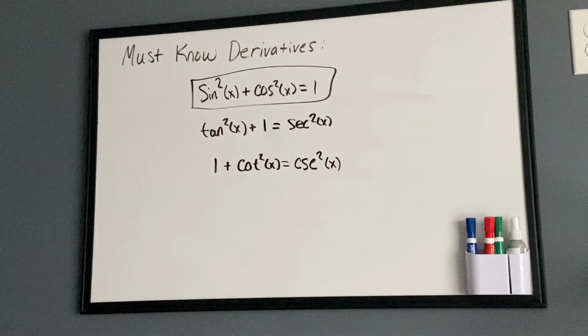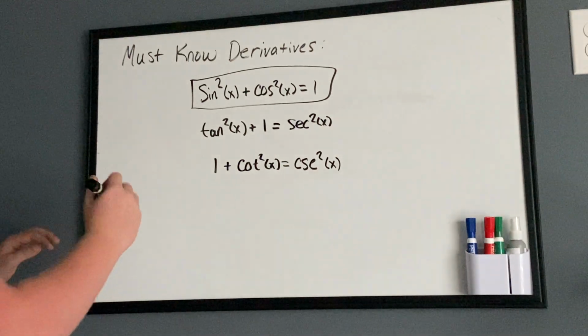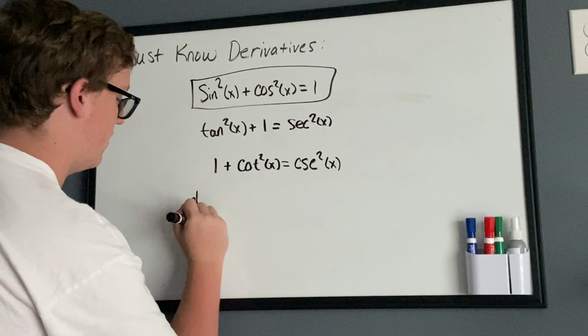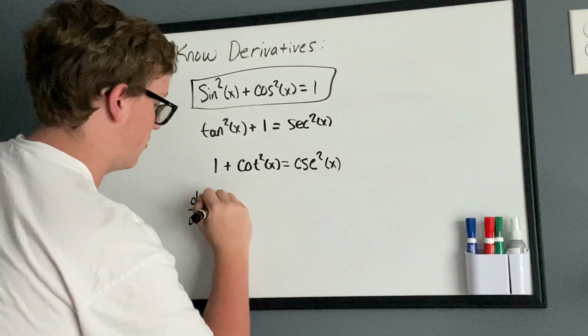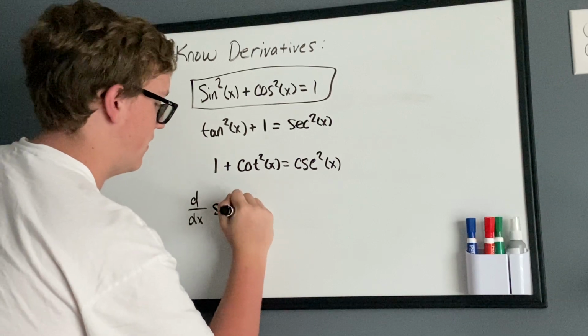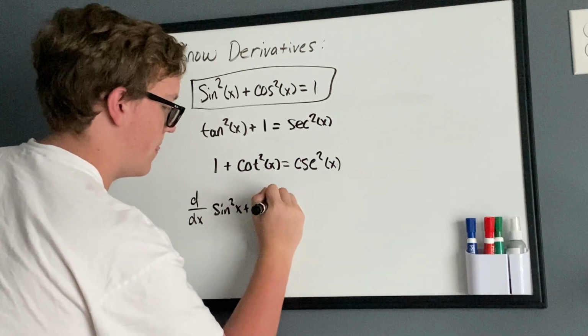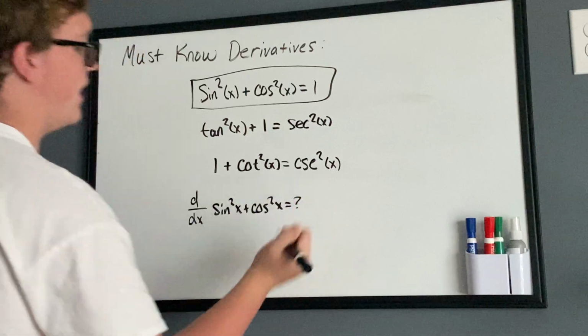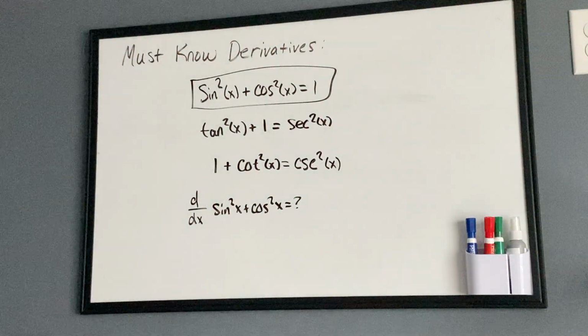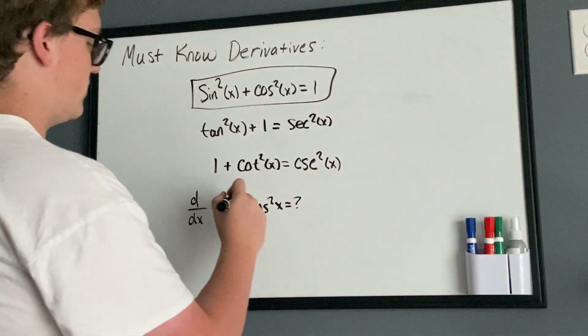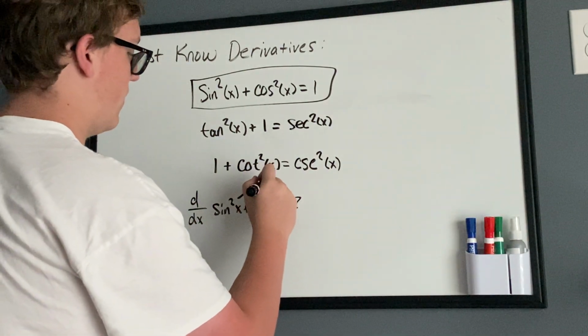So, you know, just a quick little example. Let's say we wanted to find the derivative of, let's say, sine squared plus cosine squared is equal to what? Well, instead of doing the derivative of sine squared and cosine squared, we can just say that this right here is equal to 1.